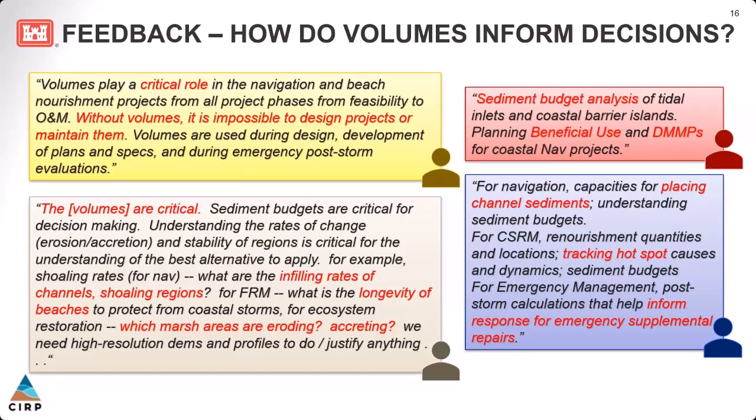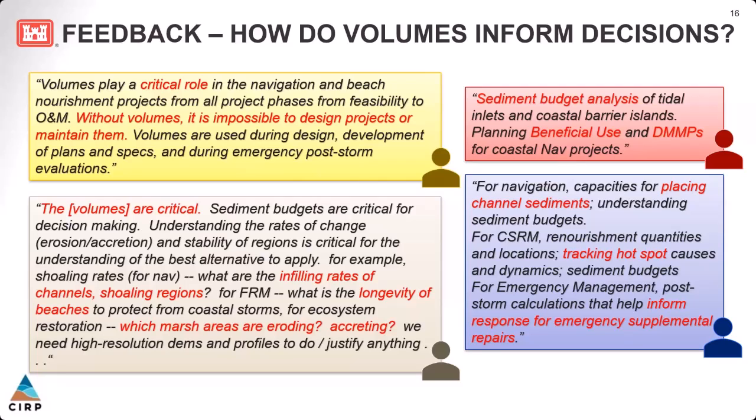For coastal storm risk management, those volumes are being used to understand the longevity of beaches, the health of those beaches, tracking any erosional hotspots. And so sediment budgets come up all over the place.